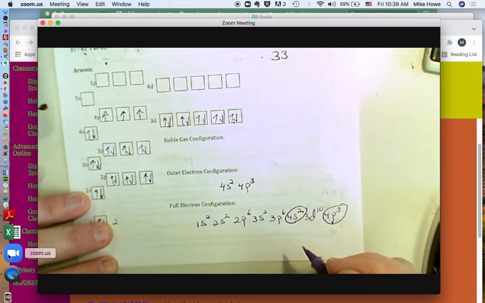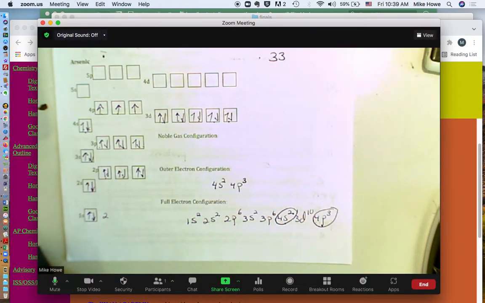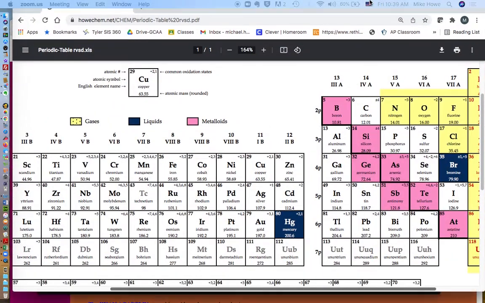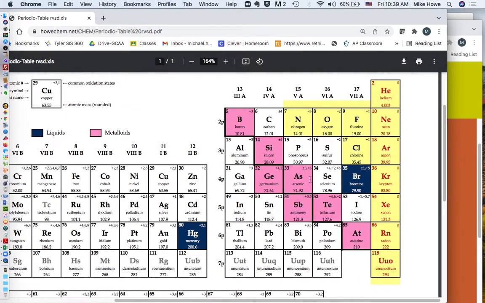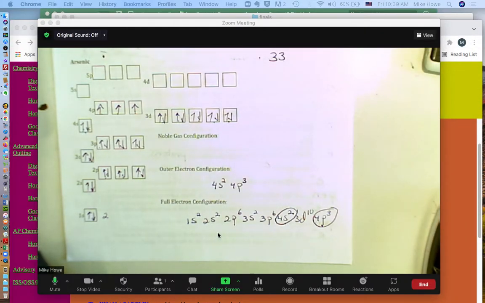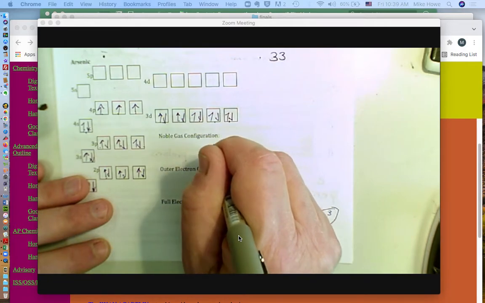The noble gas configuration uses the noble gas from the previous row. So if we're going to look back at a periodic table, bring one back in here. So here's arsenic right here. The noble gas on the previous row is argon, and argon has 18 electrons. So what that means is that 18 of the electrons in this configuration here can just be written like this, Ar, and that covers 18 electrons.